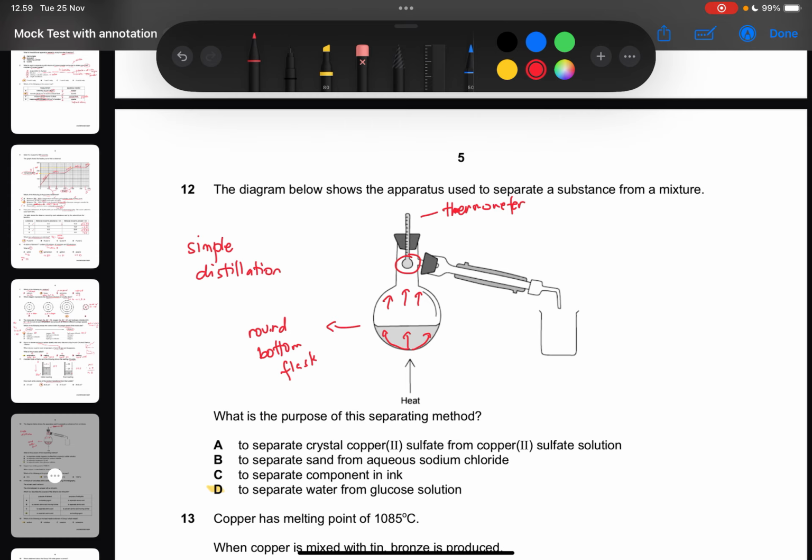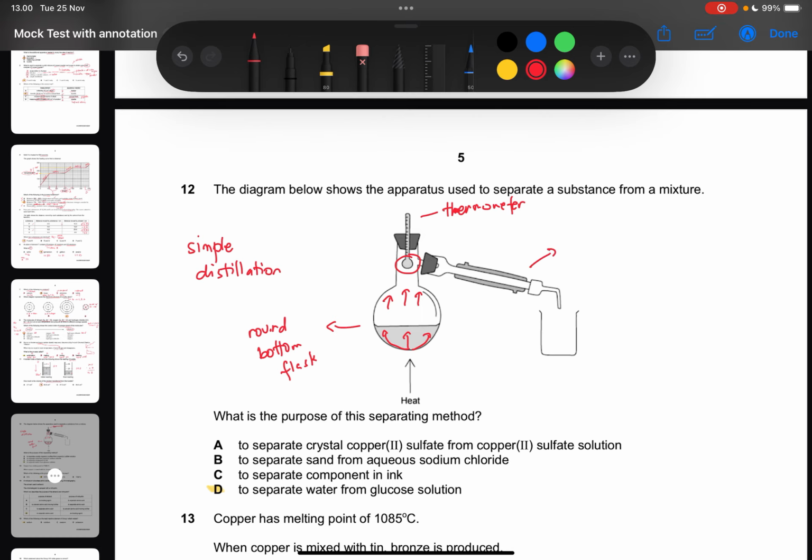So when something is already exiting and we found out that it is exiting at 100 degrees Celsius, we know that that is our water, because water boils at 100 degrees Celsius. Then the moment that the temperature starts changing, let's say more than 100, we need to replace our container, because what will be exiting from that flask will not be water anymore, because it's not 100 degrees Celsius.